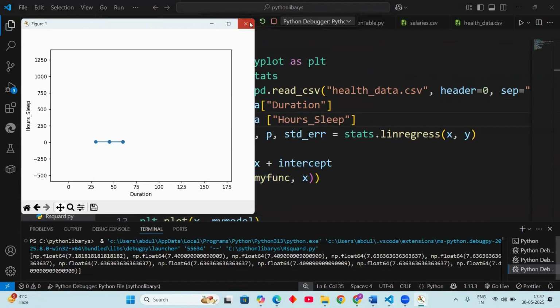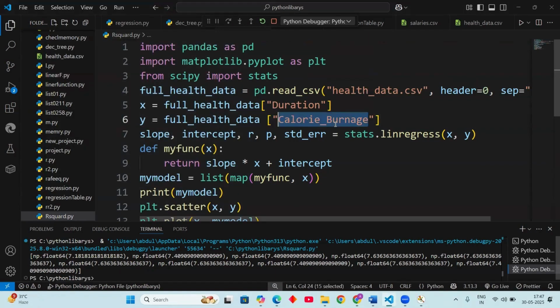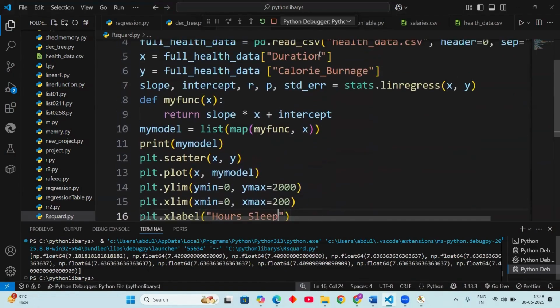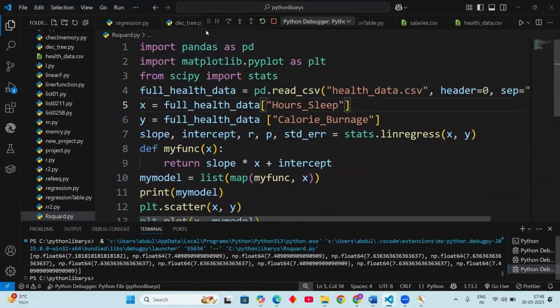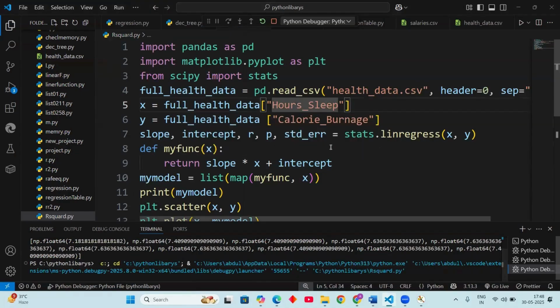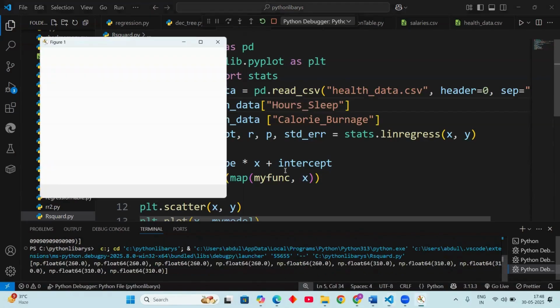Oh, getting a straight line. Wait a second. I just want to change it. I am changing only the x value, not y. Okay, I am trying to show you that low R squared value graph.